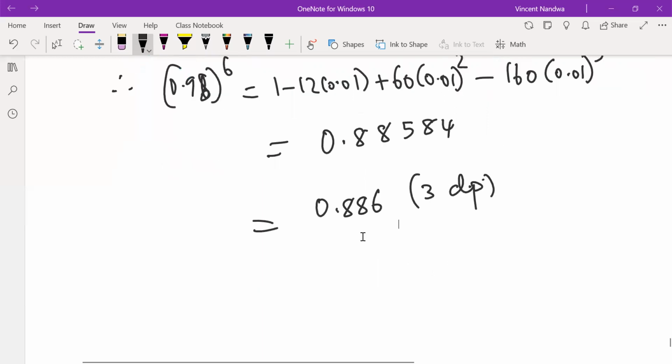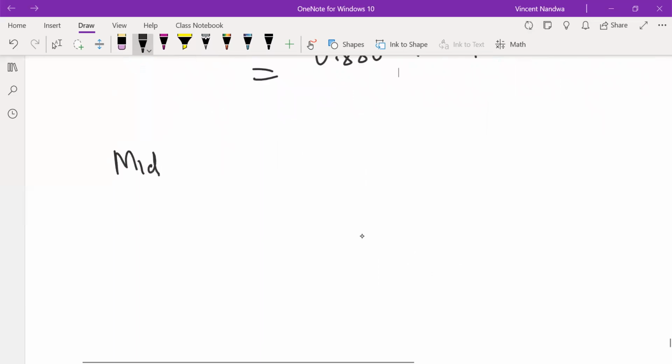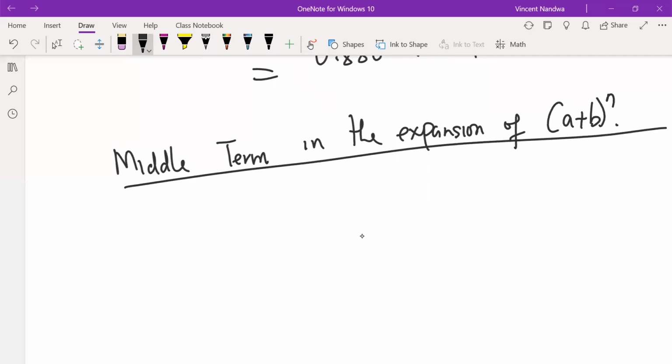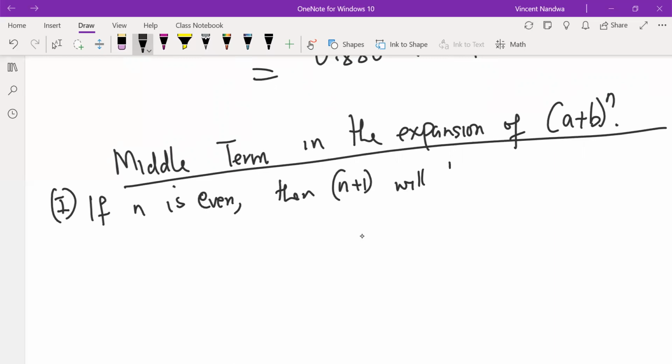Then there's what we call the middle term in the expansion of (a + b)^n. In case 1, if n is even, then n + 1 will be odd.